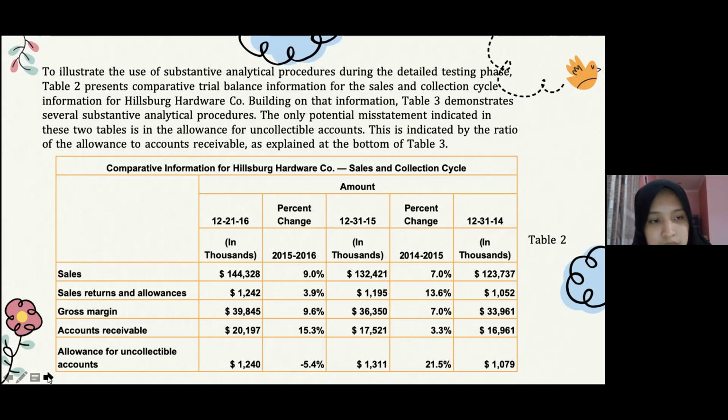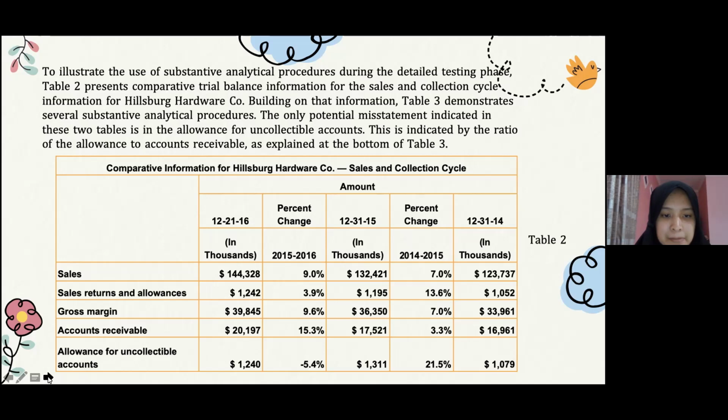This is Table 2 about comparative information for Hillsborough Hardware Company about the sales and collection cycle. We have amounts from 2014 until 2016 with the percentage change of each year in different accounts like sales, sales returns and allowances, gross margin, accounts receivable, and allowance for uncollectible accounts.